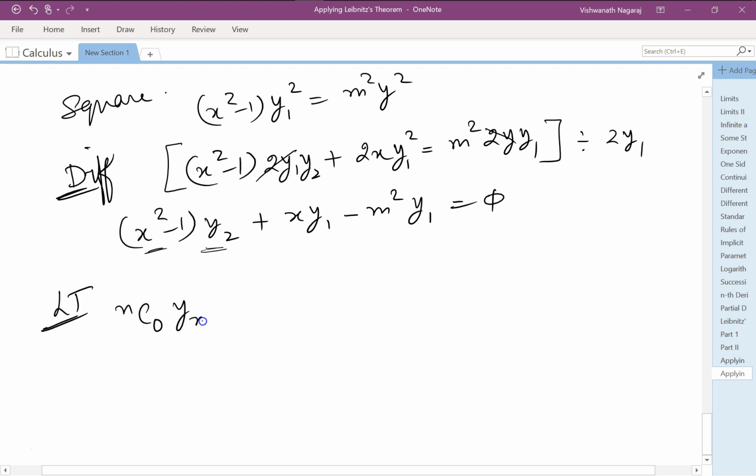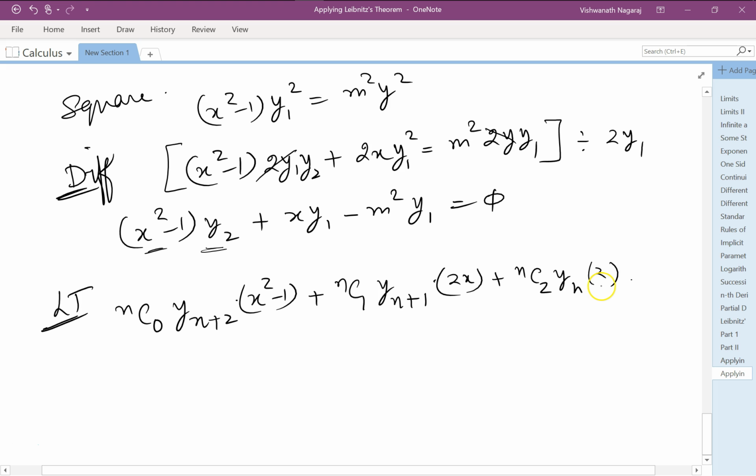So yn plus 2, because we have already differentiated twice, and v, so that is x square minus 1, plus nC1. Now keep reducing y, so n plus 2 minus 1 is n plus 1, and we need to differentiate this v1, plus nC2 yn, and it becomes 2.